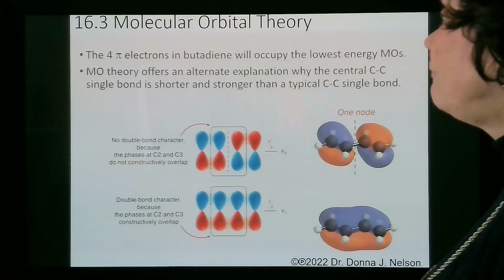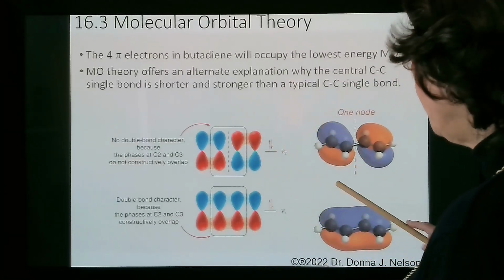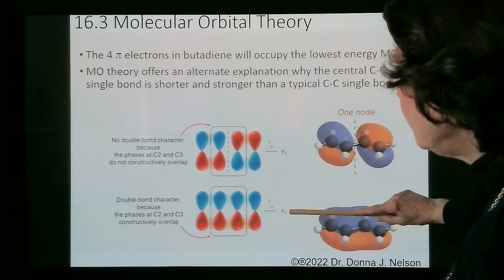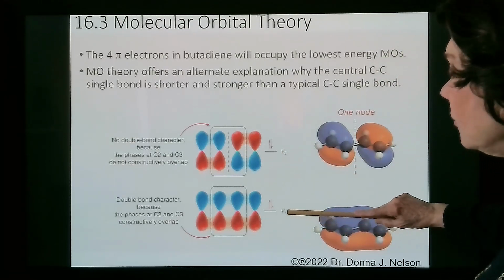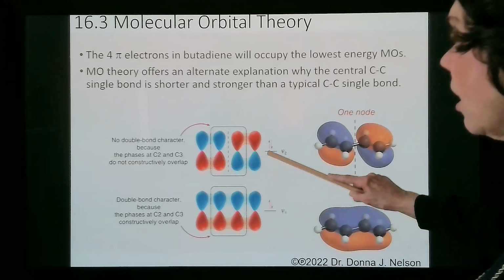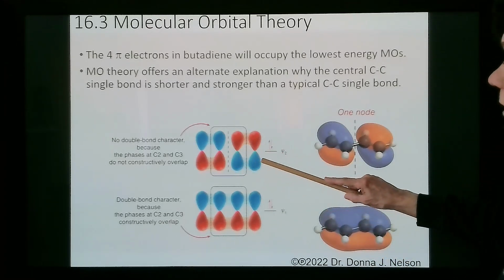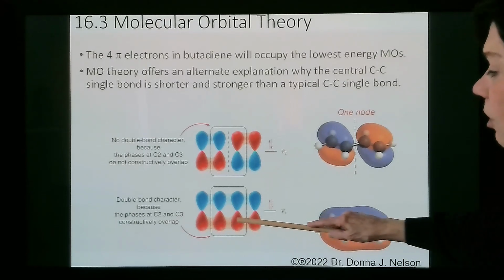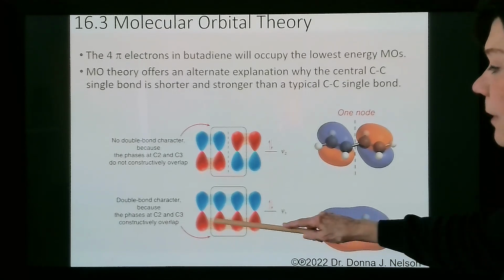So now, the 4 pi orbitals in butadiene occupy the lowest energy molecular orbitals, and here only the lowest energy molecular orbitals, psi 1 and psi 2, are shown. Once again, these are atomic orbital representations, so these are just a little bit larger and easier to see. And you can see there's interaction across all 4 of the p orbitals.